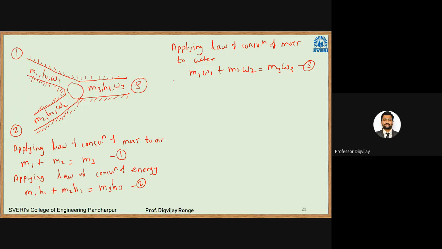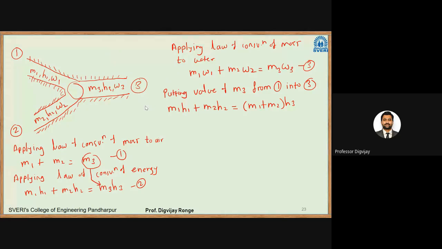Now what I will do, I will put the value of M3 from equation 1 into equation 2, which is M1 plus M2. Okay, so what will happen here? M1 H1 plus M2 H2 will be equal to M1 plus M2 into H3. Okay, so I will simply do some adjustment here.